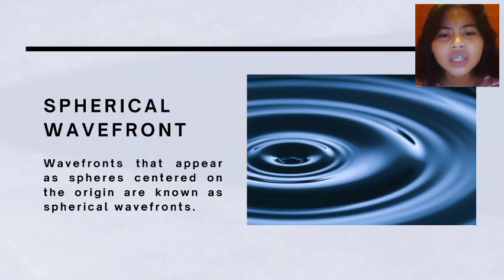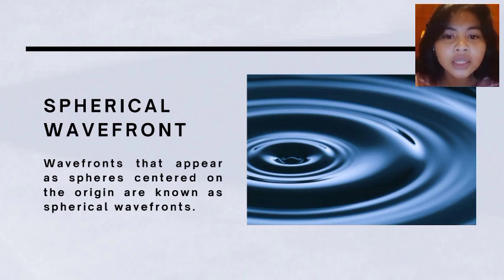Imagine, or just refer to the image given, that you dropped a stone in the water. The area where the stone drops is called the origin. Since one of the characteristics of the elastic wave is that it disturbs its neighboring particles, it will create wave after wave. The shape of the wavefront depends on the shape of the source of the disturbance.